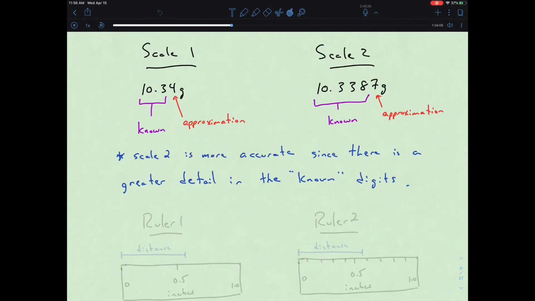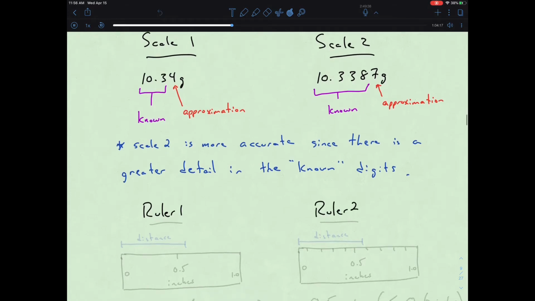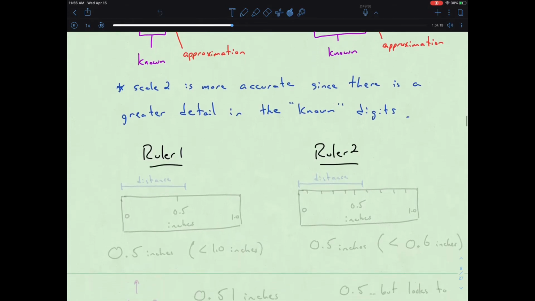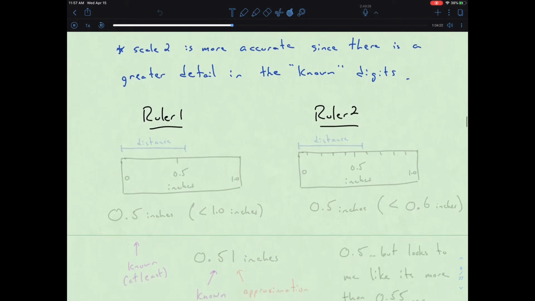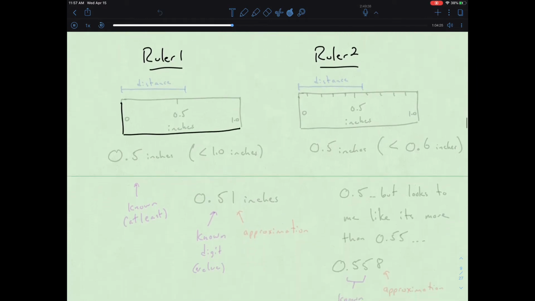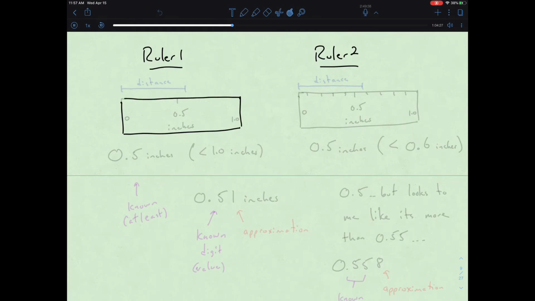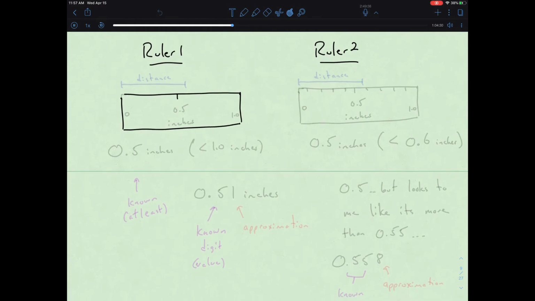Another example that might make this more clear would be to look at two rulers. We have ruler 1 and ruler 2, and we're trying to make a specific measurement. So here's our ruler 1. Let's say this is in inches. We would have 0 on the far left and 1.0 on the far right.